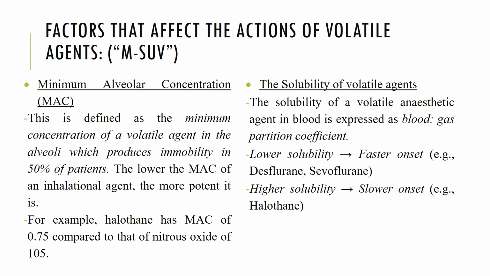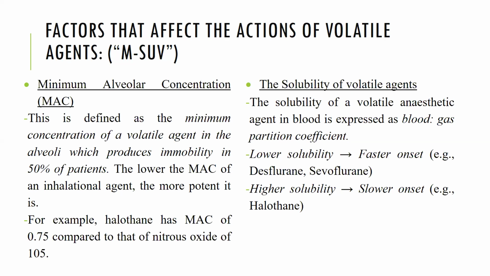The first is MAC, the minimum alveolar concentration, which is defined as the minimum concentration of a volatile agent in the alveoli which produces immobility in 50% of patients following surgical stimulation.